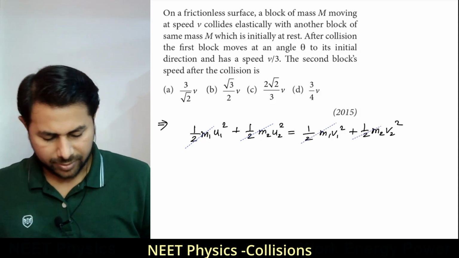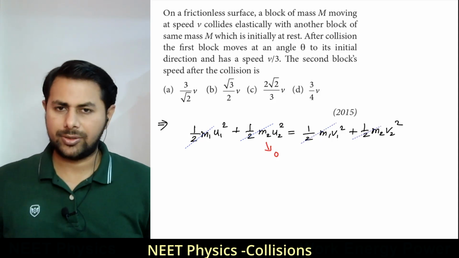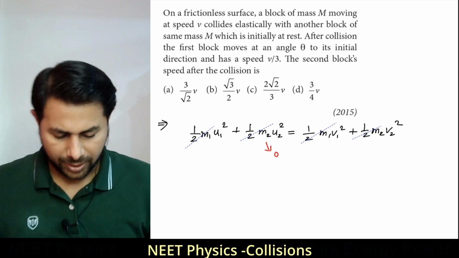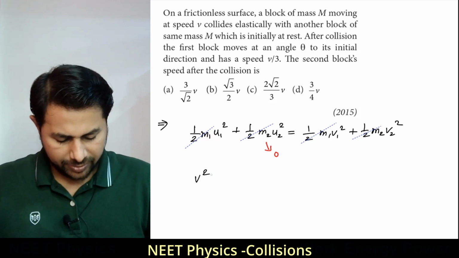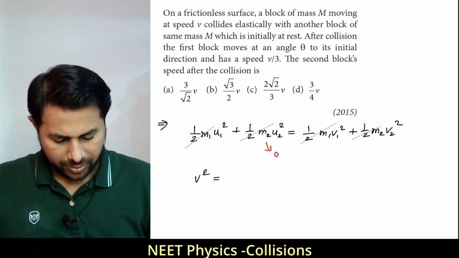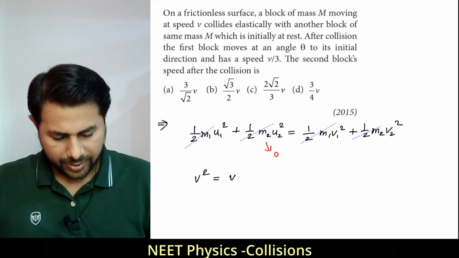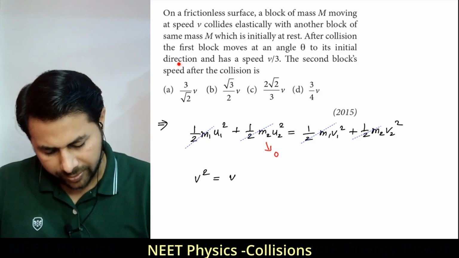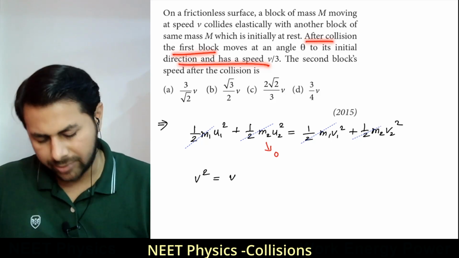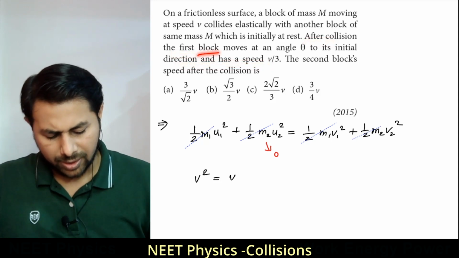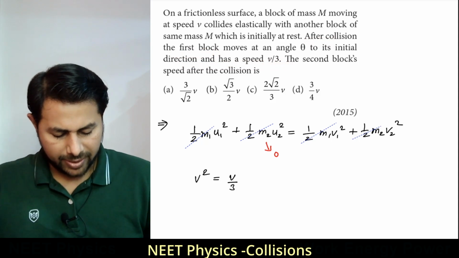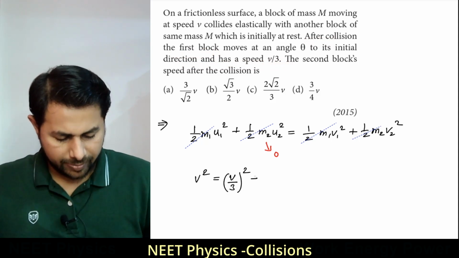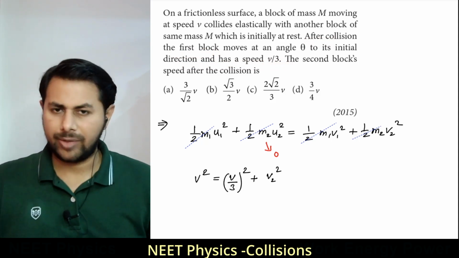Okay, and u1 is equal to v. So you can just say that v square is equal to v1 square plus v2 square, but v1, after the collision, of the first block only, is given to be equal to v by 3. So (v by 3) square plus v2 square.